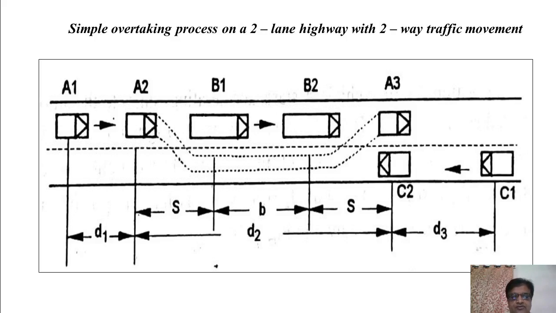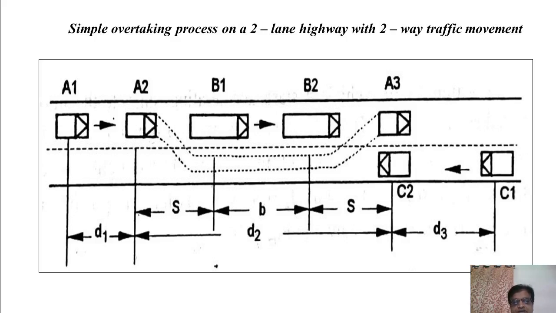Here we assume that whenever the fast moving vehicle wants to overtake the slow moving vehicle, it will be at a distance of s. At this point of time, both vehicles will be traveling at the same design speed. If this is 60, that will also be 60. It's only for a fraction of seconds.